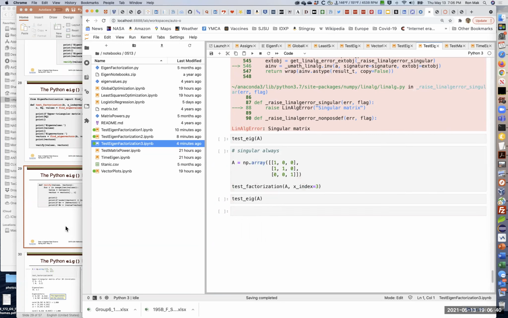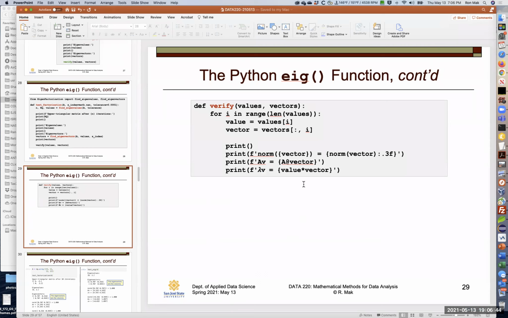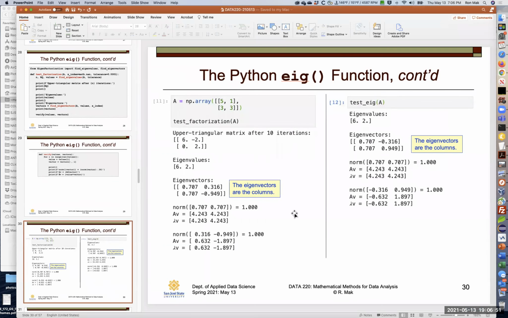So now you know what eigenvalues and eigenvectors are, and you can calculate them just by calling EIG. But you can also calculate them using all the various matrix operations that I showed you, which can take a while.